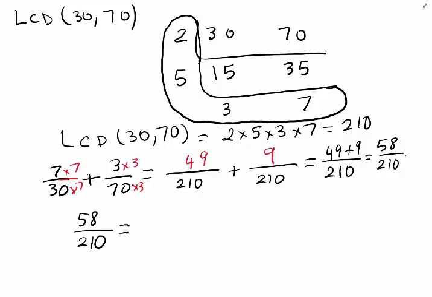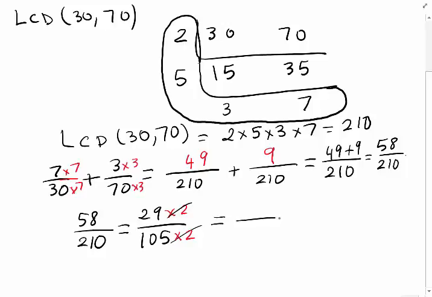If I divide it by 2, I get 105 times 2. Let me write this down. So 58 is 29 times 2. 210 is 105 times 2. I can reduce by 2 and reduce by 2. And my answer is 29 over 105. This is the final answer.